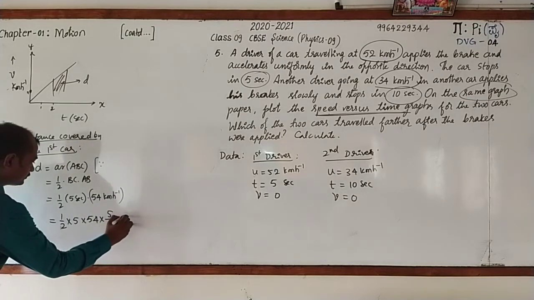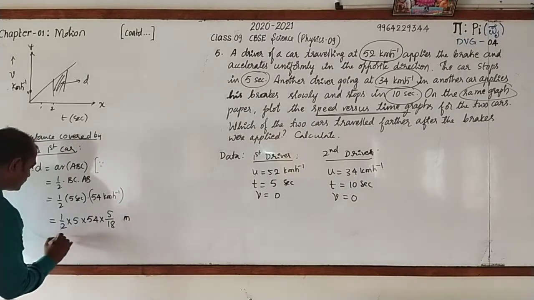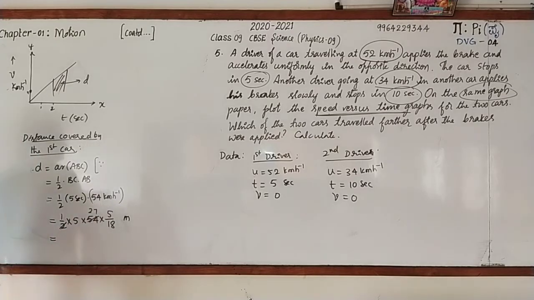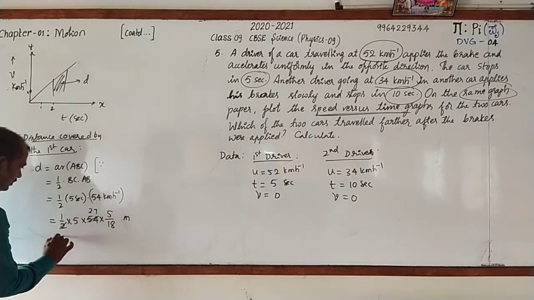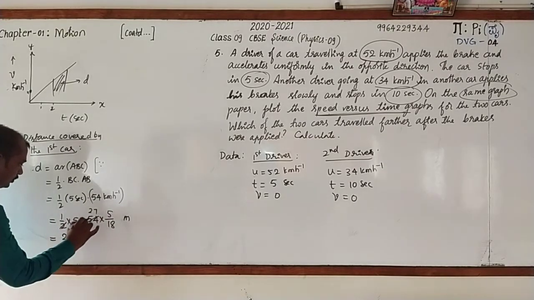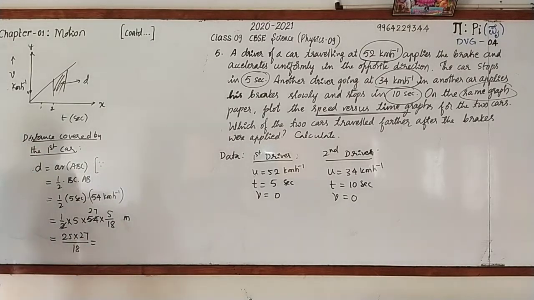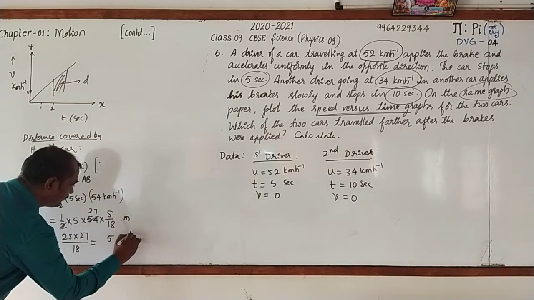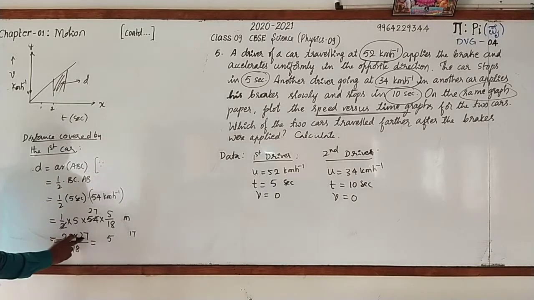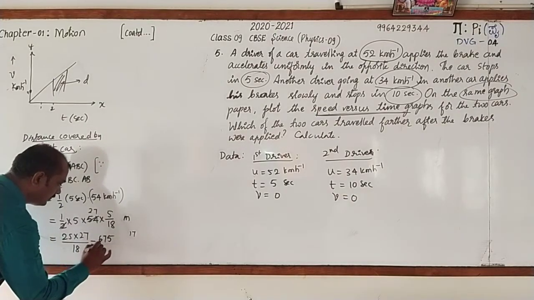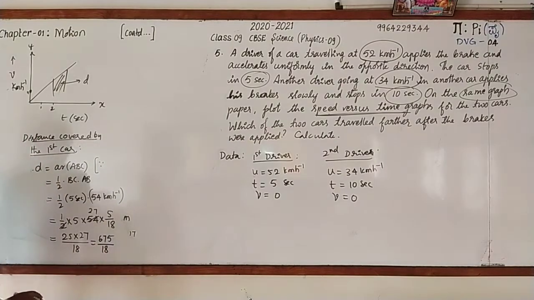Now you can go for cancelling. 2 1s are 2, 2 7s are 5, 5 5s are 25 into 27 by 18. Let's go for multiplying this. 25 7s are 175, 25 2s are 50. 50 plus 17 is 67, divided by 18.